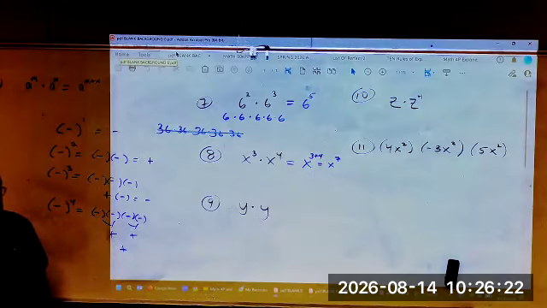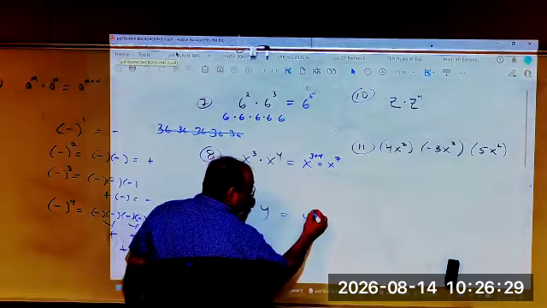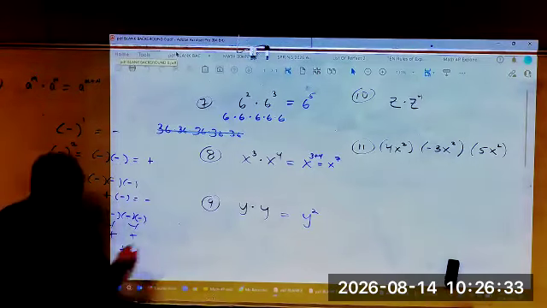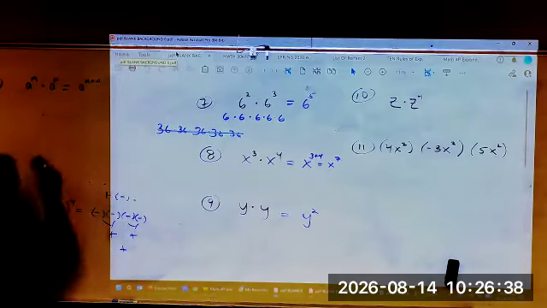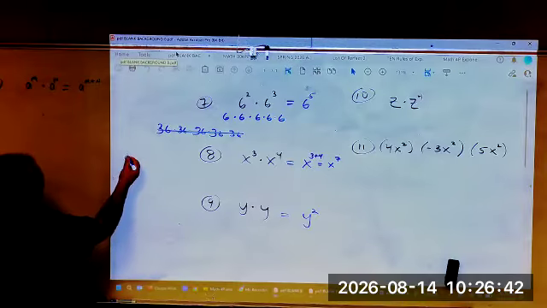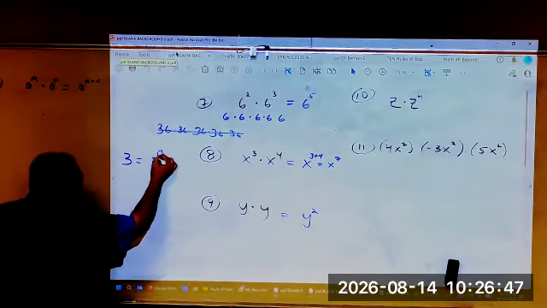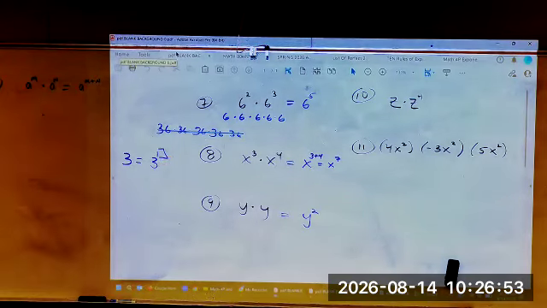Y times y. Why is this y to the second? If I just gave you the number 3, 3 to what power would give me just a 3? 3 to the first.